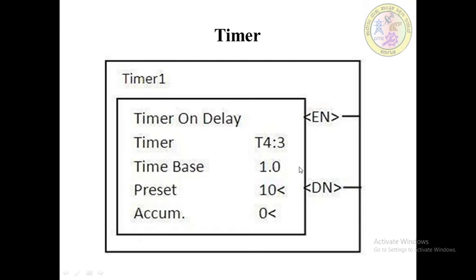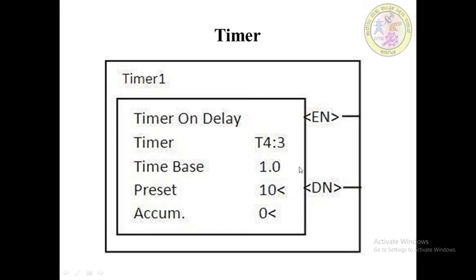This output instruction begins timing when the rung goes true. It waits the specified amount of time as set in the preset, and keeps track of the accumulated intervals which have occurred, the accum. The done bit is set when the accumulated time equals the preset time, as long as the rung condition remains true. The timer adjusts its accumulated value on each evaluation until it reaches the preset value.